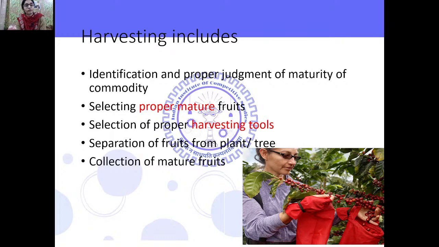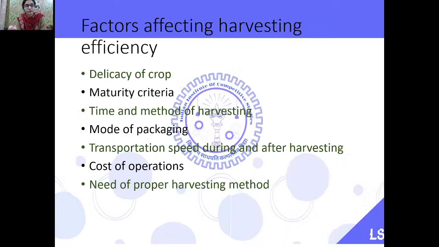And how then we will collect those fruits. Then factors affecting harvesting efficiency: how delicate your crop is, what your maturity indices are, which crop it is, and what time you have chosen. For example, citrus fruits should never be plucked in the morning. They should always be harvested in the afternoon.